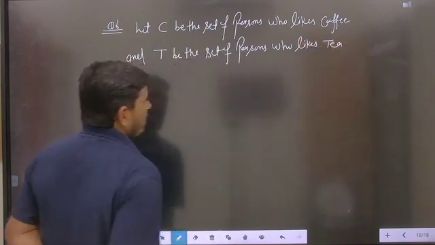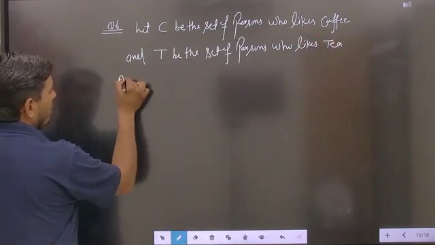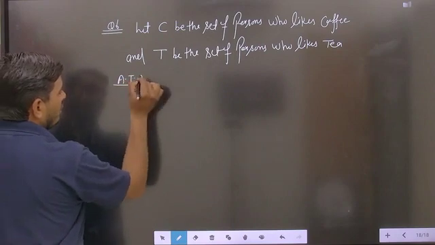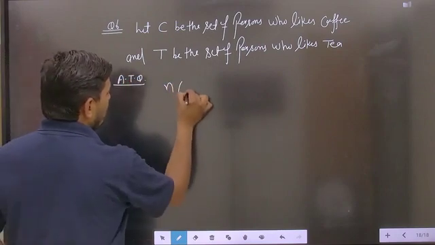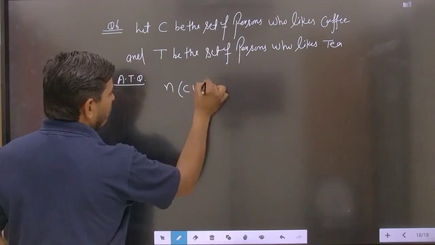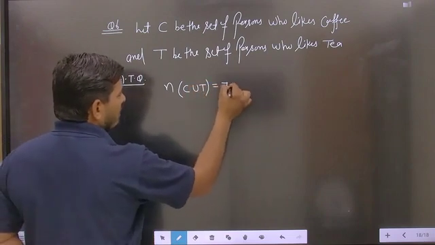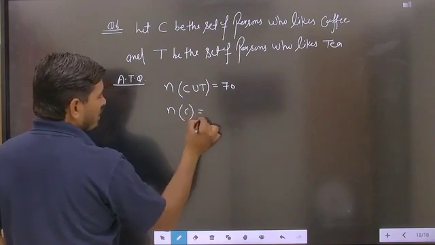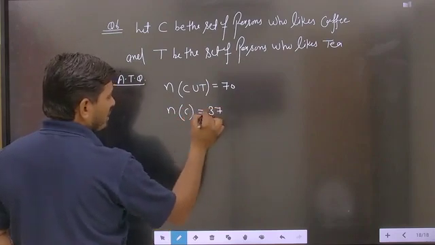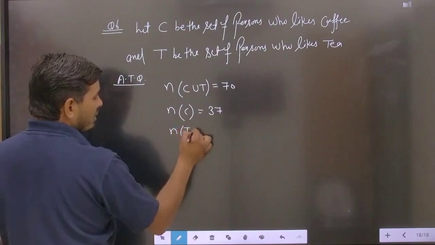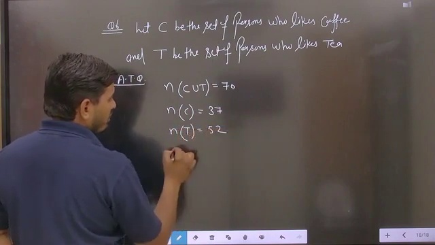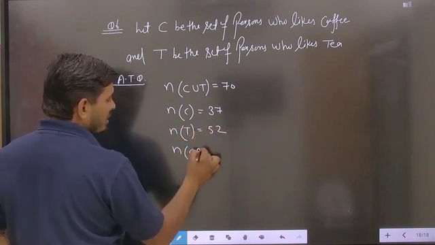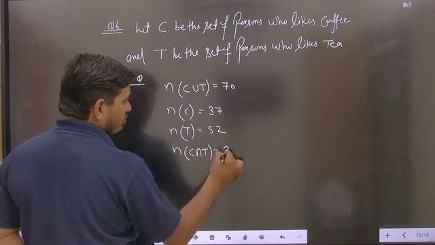Then according to the question, the number of C union T, the total number of persons, is given as 70. The number of persons who like coffee is given as 37. The number of people who like tea is given as 52. Then we have to find C intersection T. This is what is asked here.